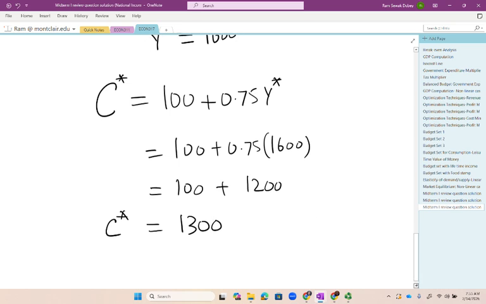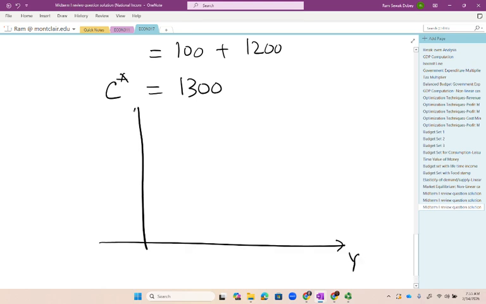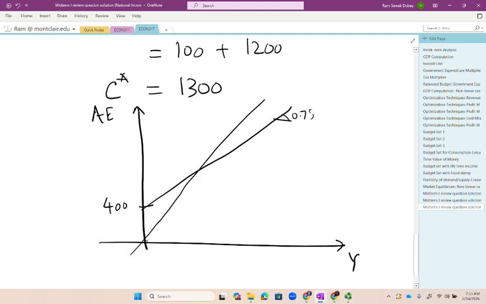One more feature, suppose we were asked to solve this expression graphically, it was doable that way too, and for that all I need is the helping line. So let me draw the aggregate expenditure 400, slope is 0.75, and I will draw a helping line, 45-degree slope passing through the origin.